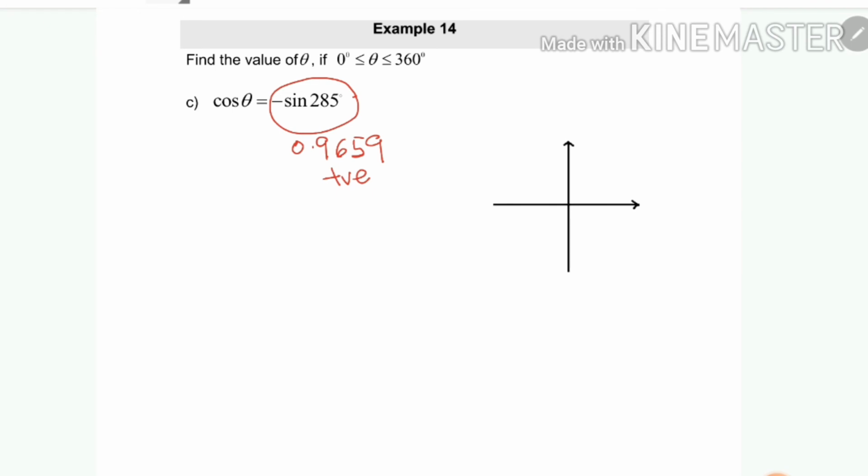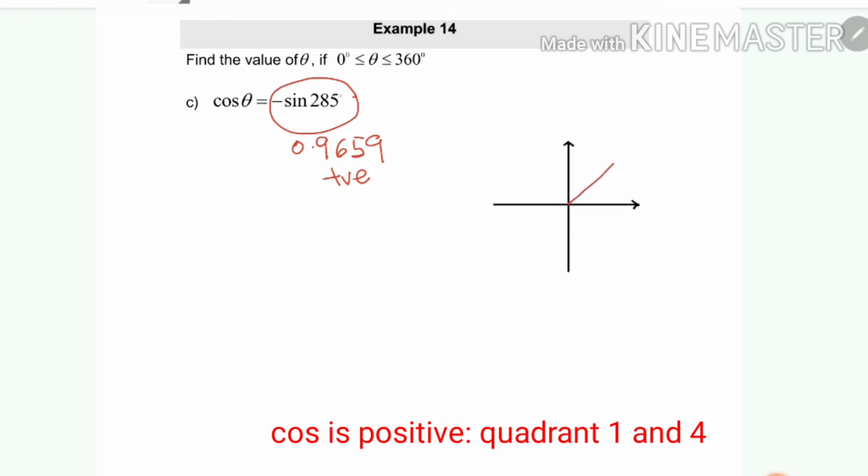Let's relate with the quadrant: cos positive. We choose first quadrant and fourth quadrant. That means the corresponding value of alpha is located on first quadrant and fourth quadrant. That means we have to reject second quadrant and third quadrant.